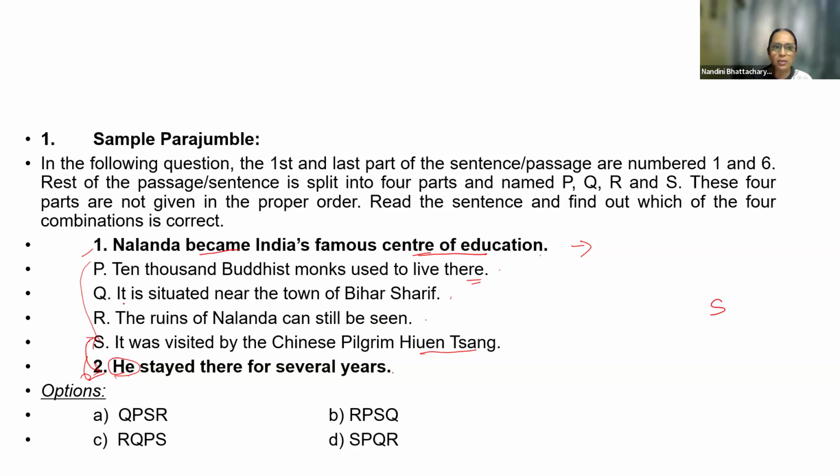Now, if we see here, it should be preceded by something specific. The ruins of Nalanda can still be seen. Nalanda became India's famous center of education. The ruins of Nalanda can be seen. After that, does it make sense?